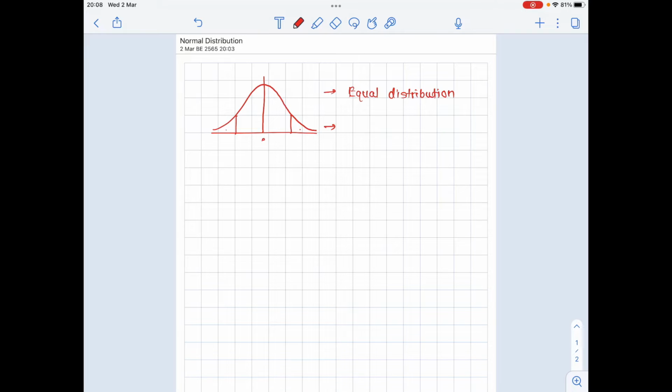So it is a bell-shaped curve. The data is symmetrical about the mean mu.